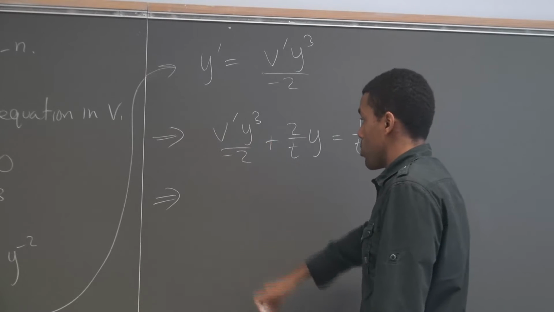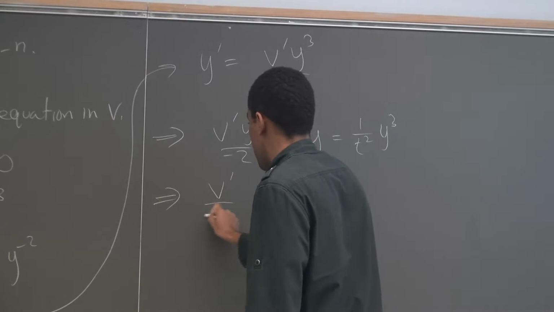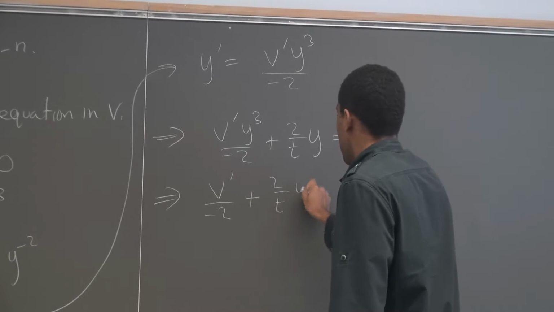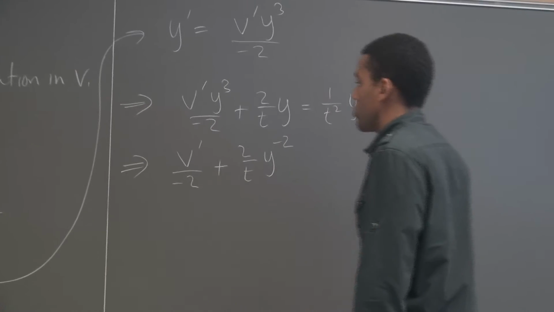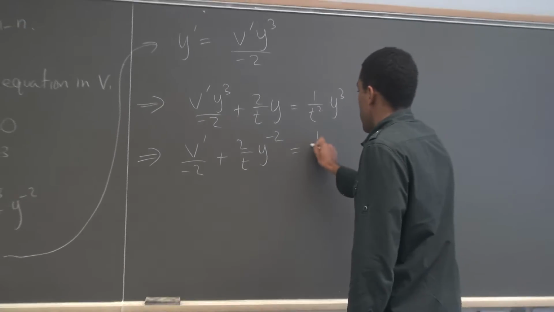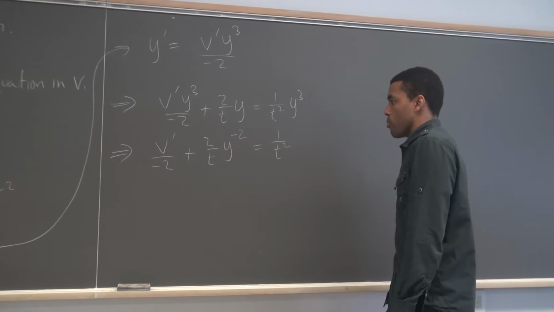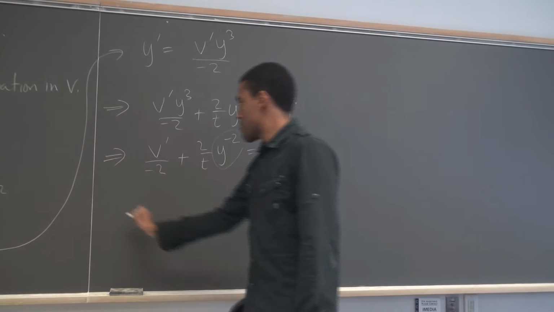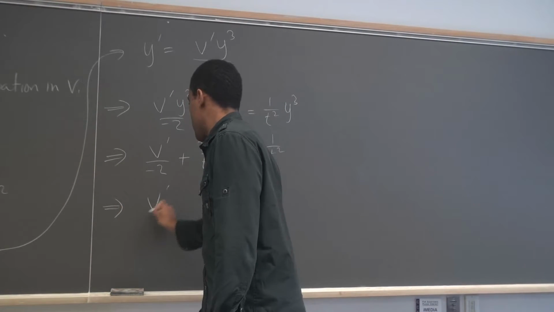So I divide this by y cubed, I just get v prime over minus 2. Divide this by y cubed, I get y to the minus 2. Divide this by y cubed, I get 1 over t squared. What is this? That's actually just v.